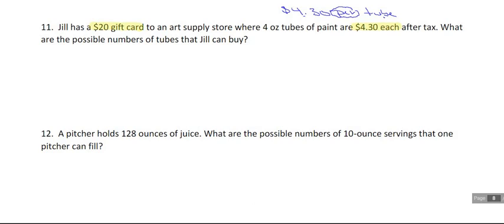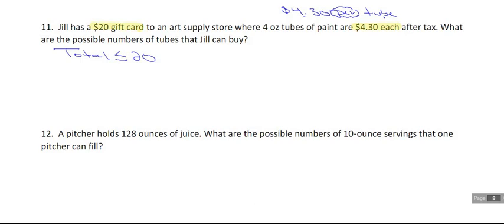And she only has a $20 gift card, so she can spend $20. She can spend less than $20, but she can't spend more than $20. So her total must be less than $20. And it could also be equal to.